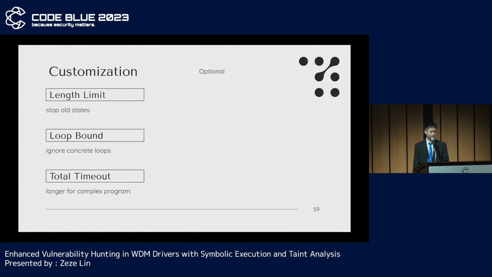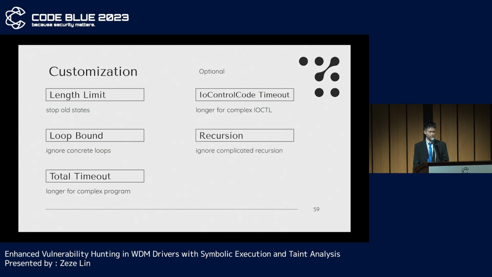Not only can we set a total timeout for the whole symbolic execution, we can also set an IO control code timeout for an IO control code. We can avoid the recursion state, which may slow down our symbolic execution. We can also symbolize the data section to bypass some checks made by a program, because some programs use global variables as the conditions.